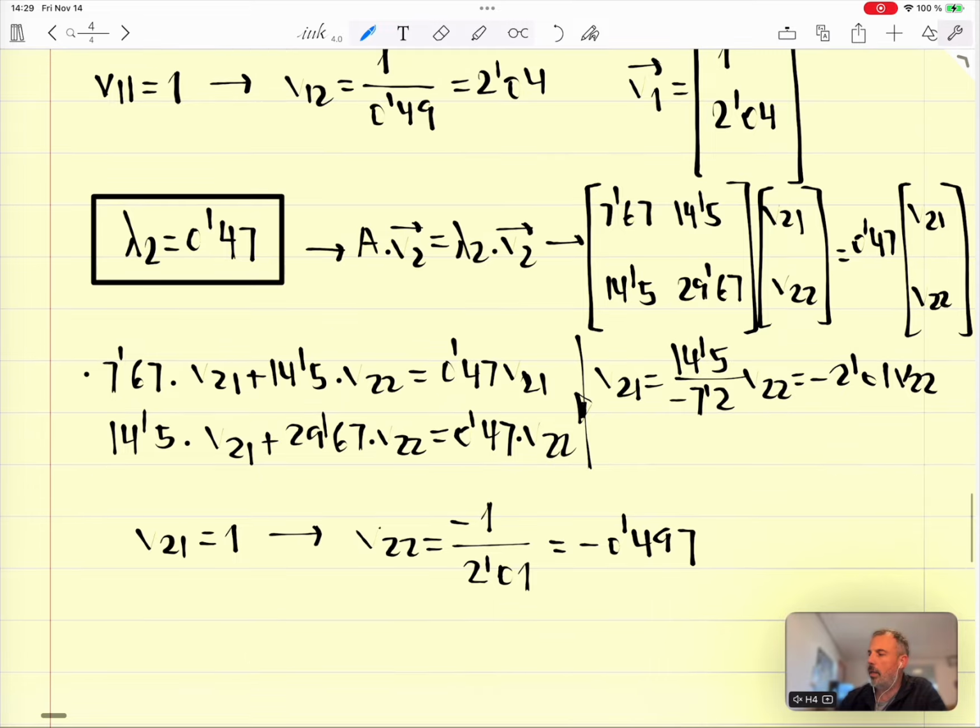Okay, so the second eigenvector we're looking for is 1 and minus 0.49, sorry. Okay. Good.